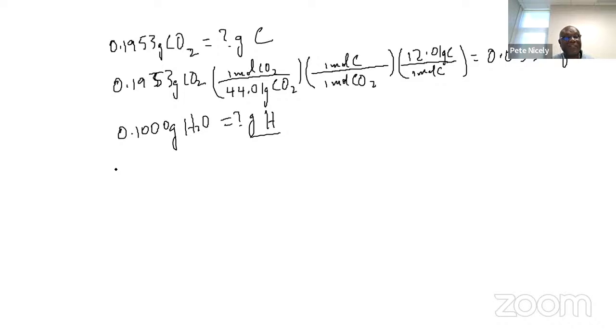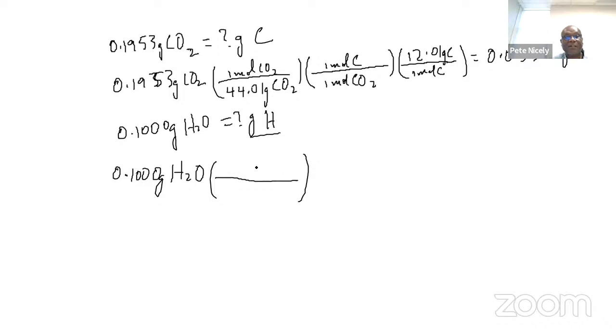So I'm going to start with the 0.100 grams of water. I will convert that to moles. So that means I would multiply by 1 mole of H2O and divide that by the molar mass of water, which will be 18.02 grams of H2O.